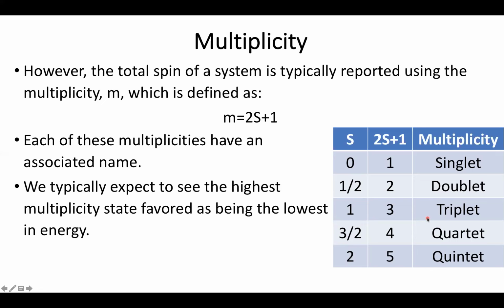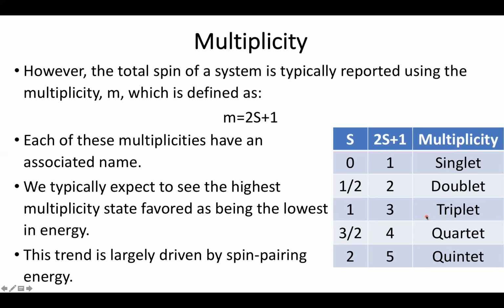And this is an idea we already brought up in the lecture on singlets and triplets. And this is largely due to the fact that spin pairing energy will be greater if I have a lower spin state, because when my electrons occupy different spins, they can get a little bit closer and have a higher degree of repulsion. If my spins are all aligned, it means everybody stays out of each other's way and they can spread out.